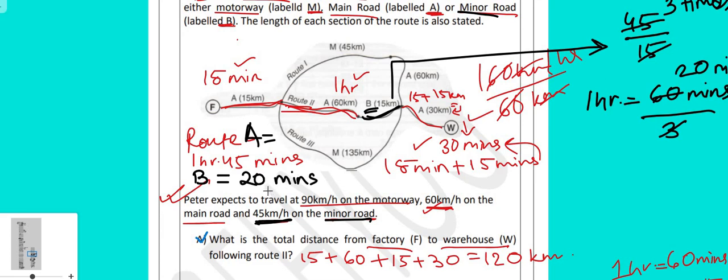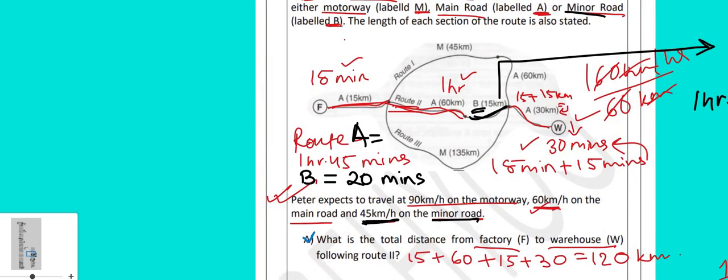Now if we add them together, it gives us 1 hour 65 minutes. But we usually don't write it like that. So we'll be writing it as 2 hours and 5 minutes.